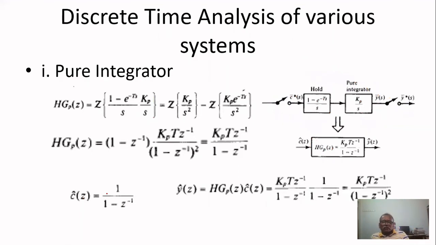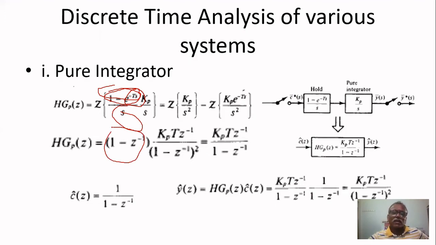Now let us find it. It is multiplied by a hold circuit transfer function. We know that the Laplace transform of the hold circuit is 1 minus e power minus Ts, a delay by one sampling period, divided by s. If you find the Z transform for this, 1 minus e power minus Ts, a delay by one sampling period, is 1 minus z power minus 1, which can be immediately written as the Z transform.